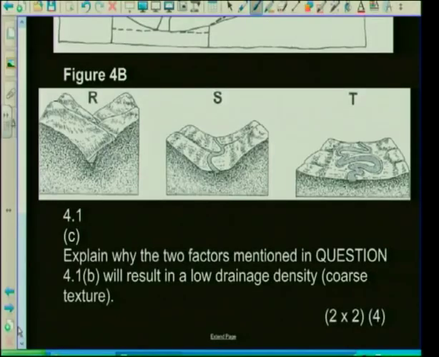4.1c says, explain why the 2 factors that you mentioned in the question above will result in a low drainage density. In the first question, we should just list the factors, but I've already explained to you, for example, that if you wrote down vegetation, how does that vegetation cause less runoff?